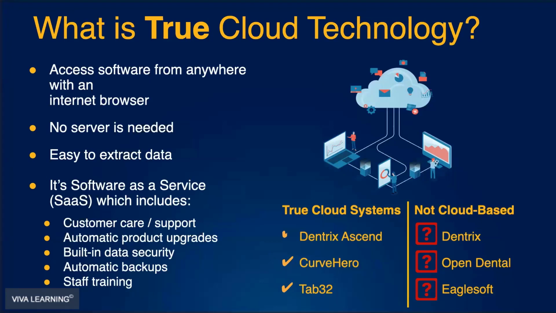Any cloud-based solution that is not providing all of these levels is not using your monthly subscription responsibly. And on this slide, we have some listings of what are some true cloud systems, and what are not cloud-based systems, just so you can see and understand the differences.